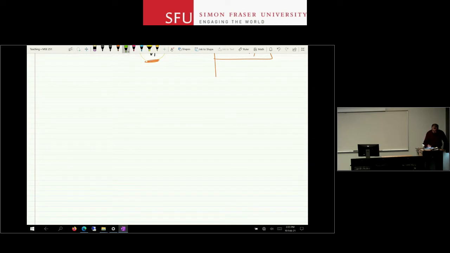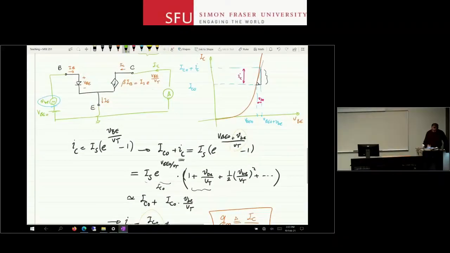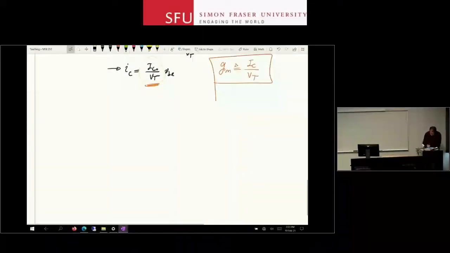At the output, if I'm only interested in the changes, I have a DC current source. Right, so this is IS e to the VBE over VT.